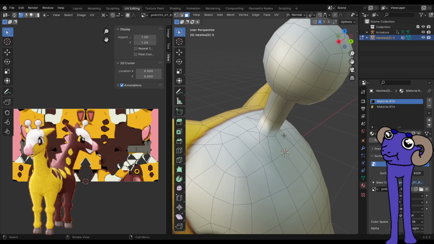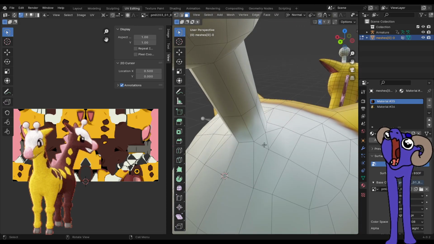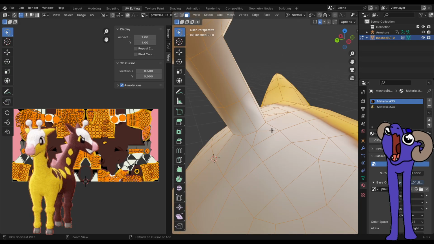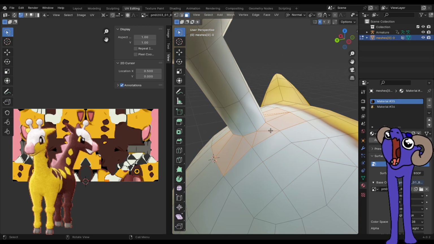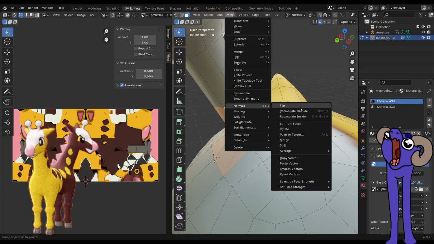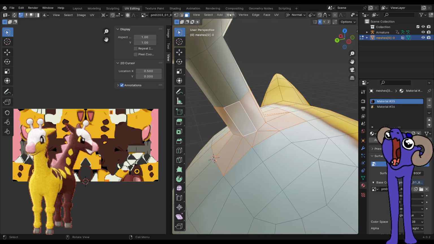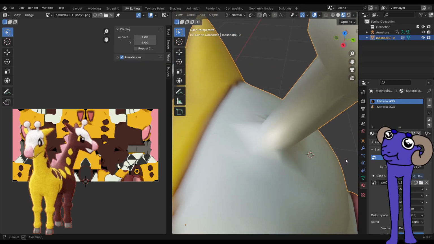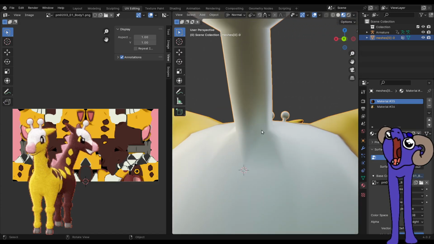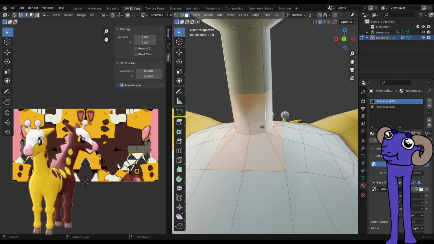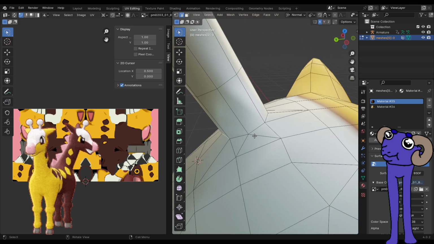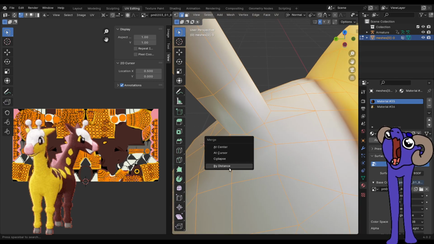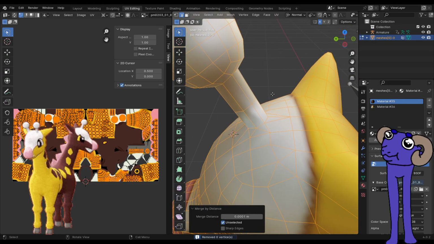Also, this just generally has weird normals too. So what if I go back to only selecting these and then mesh normals calculate? No? Mesh normals separate faces. And then it's just got weird geometry. Is it not merged correctly? That's not it.